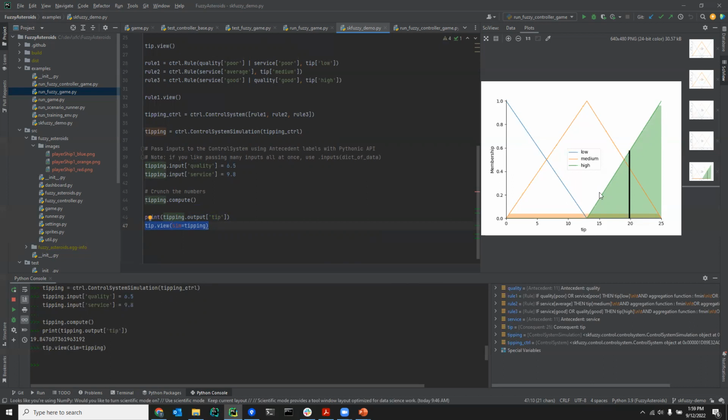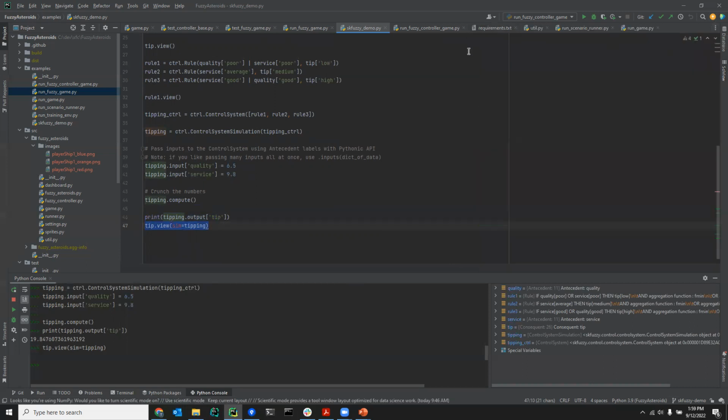We see that we have high and medium active, and high was contributing quite a bit. Medium is contributing a little bit. And so then when we do the defuzzification to get the centroid of that, or the center of gravity, that winds up being right here at this location, which winds up being the value of our tip output. And so that is creating a fuzzy inference system and evaluating it with skfuzzy.